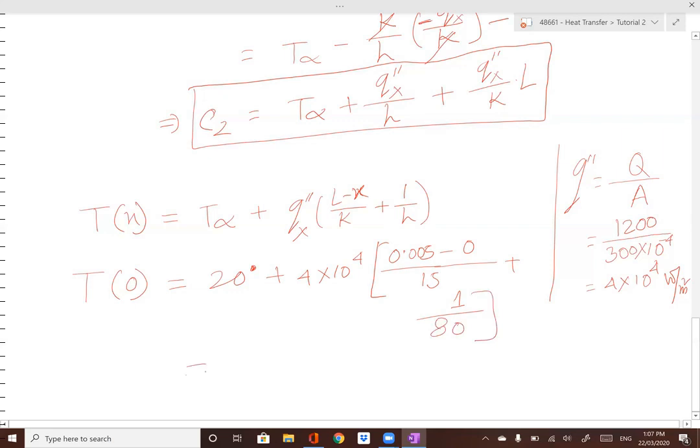If we solve this, we get the temperature at the inner surface when x equal to 0, which is 533 degrees Celsius.